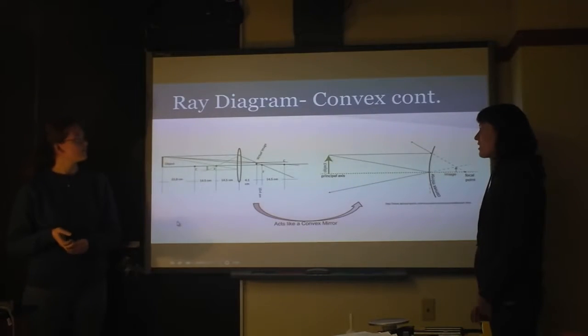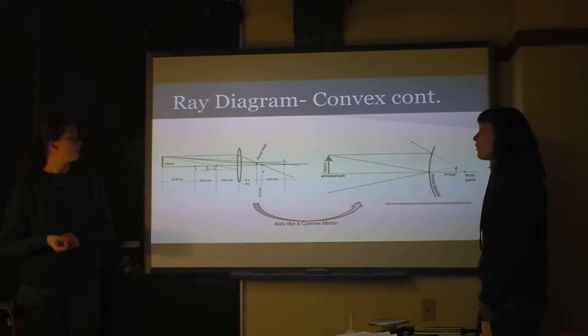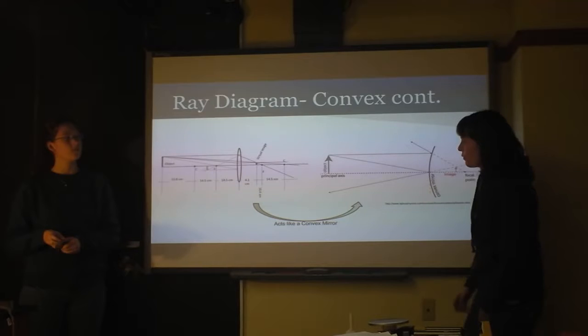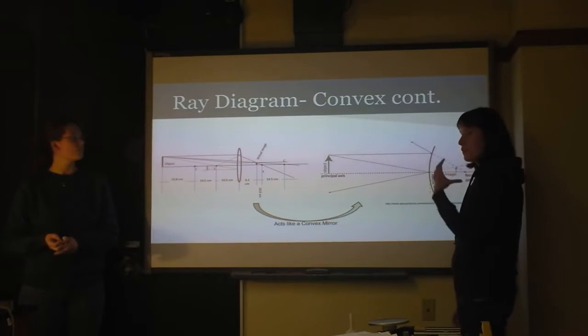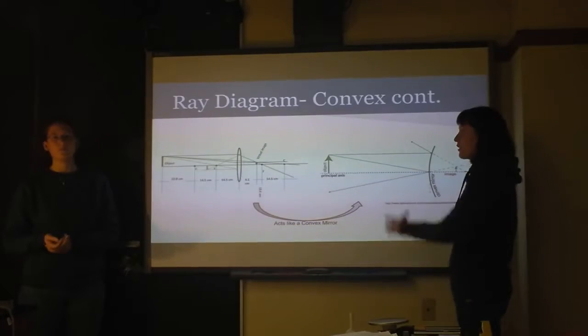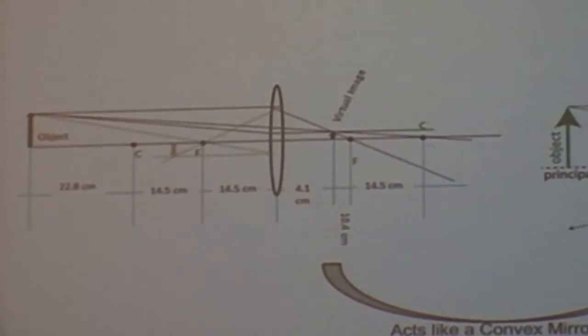And this is my guess at why the virtual images are there. A convex mirror creates a virtual image, and the virtual image there appeared sort of where a virtual image would appear if that first part of the lens were a mirror. So it's like that convex part of the lens is working as a mirror.